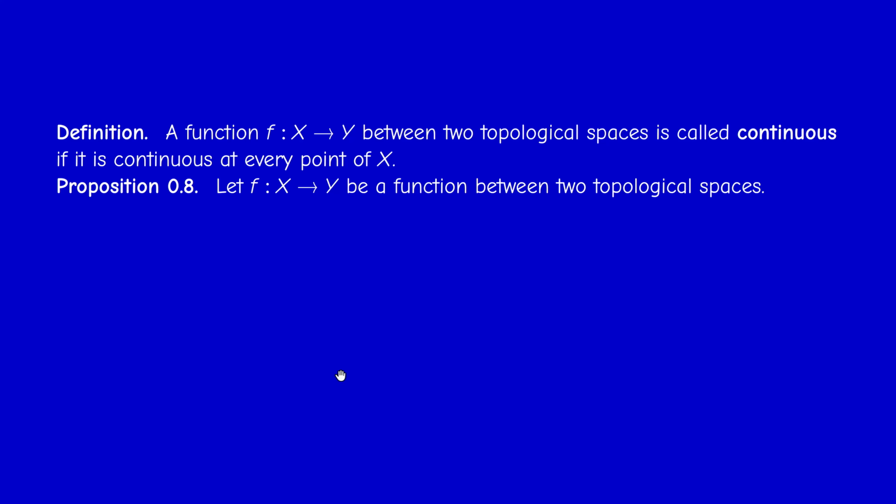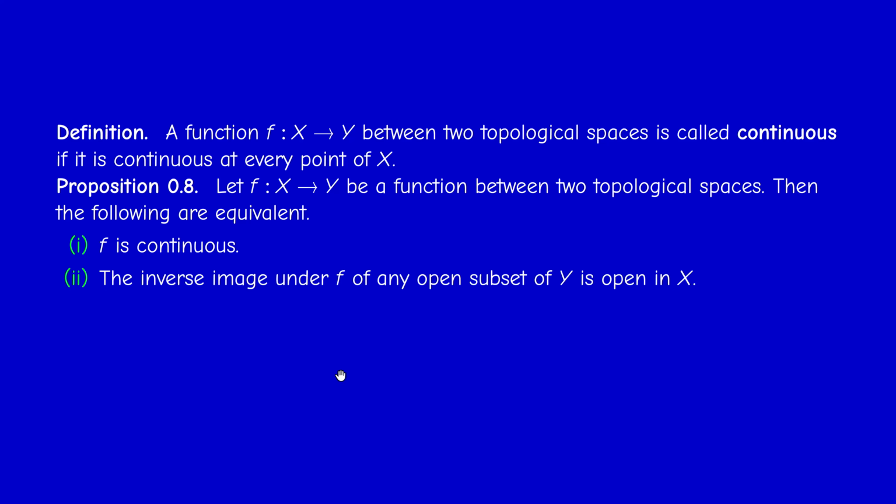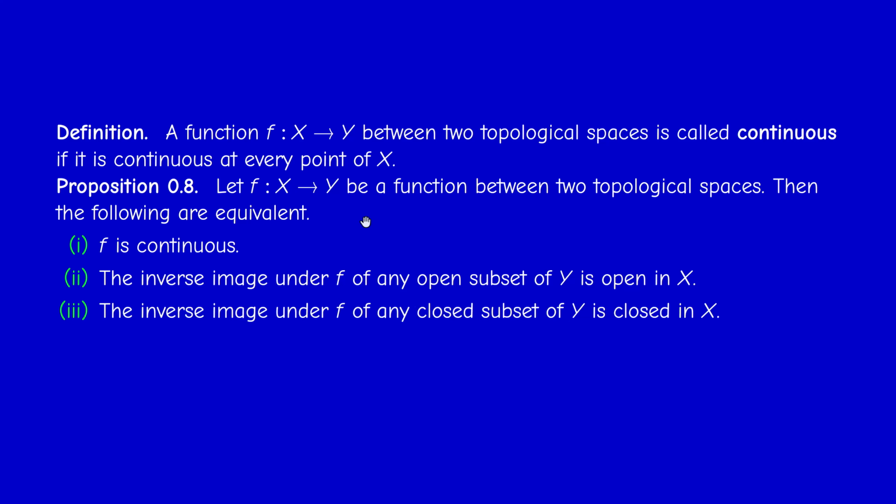And we have a very important result: a function is continuous on the whole space if and only if, pay attention, the inverse image under f of any open set of Y is an open subset of X. And it's also equivalent to the condition that the inverse image under f of any closed subset of Y is closed in X. So you should know that from the course in general on metric spaces.